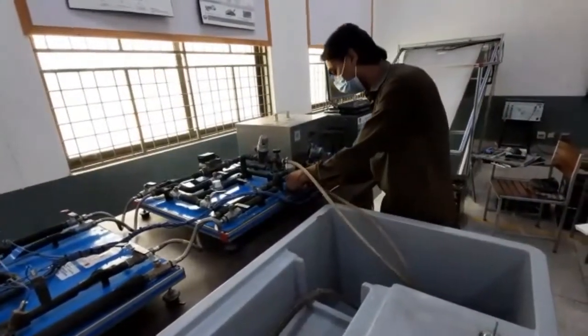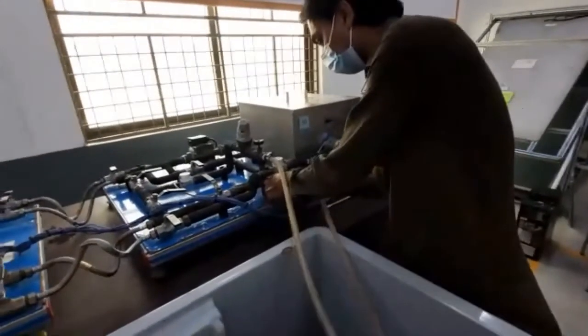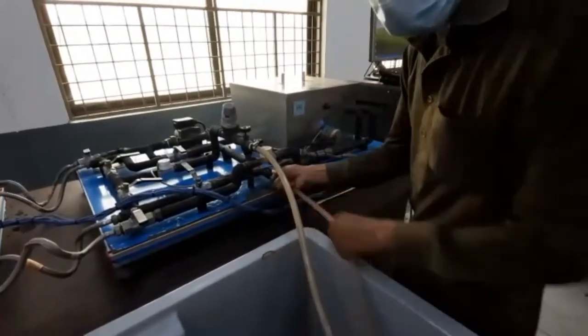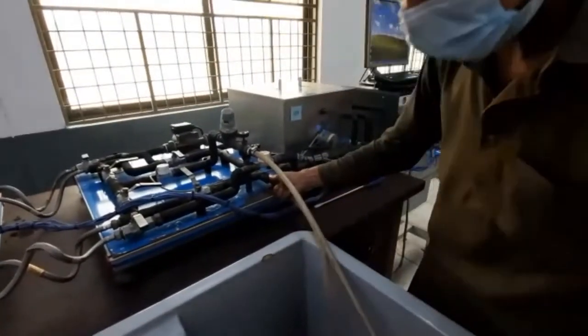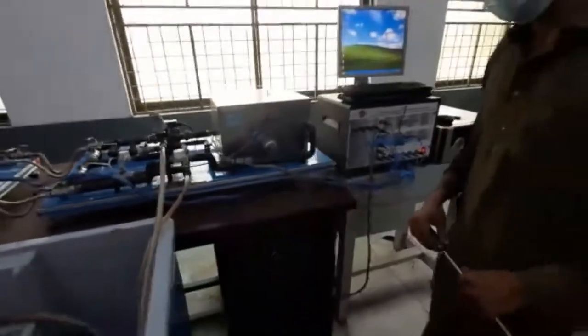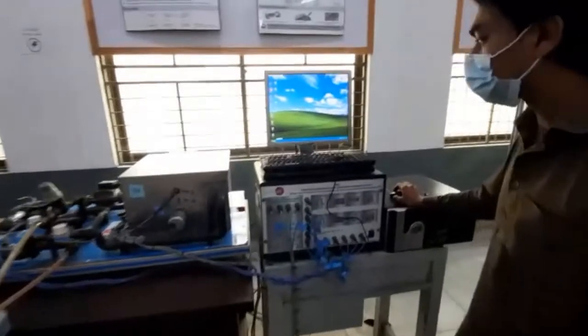So one pipe is for water inlet and the second pipe is for water outlet. So this cold water can flow in both directions. We will use two techniques here. One is for parallel flow and the second one is for anti-parallel flow.